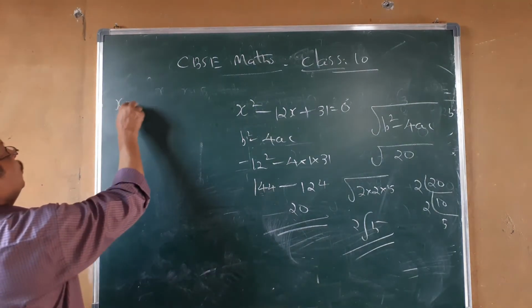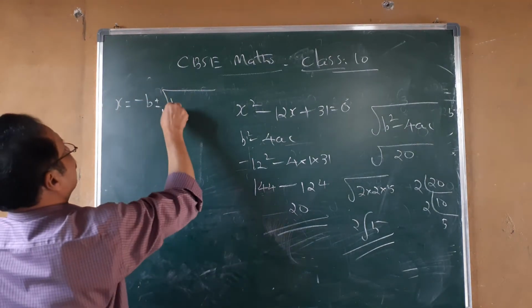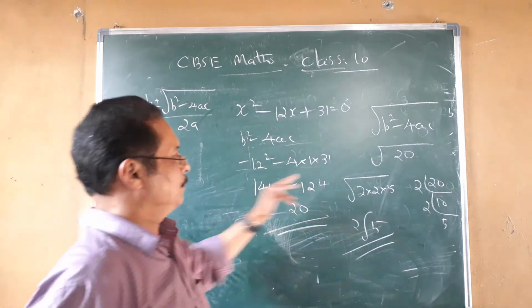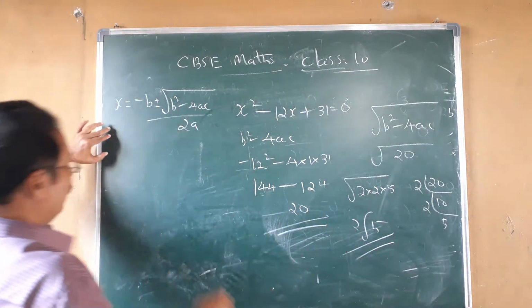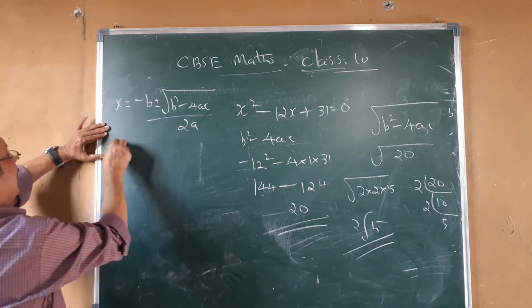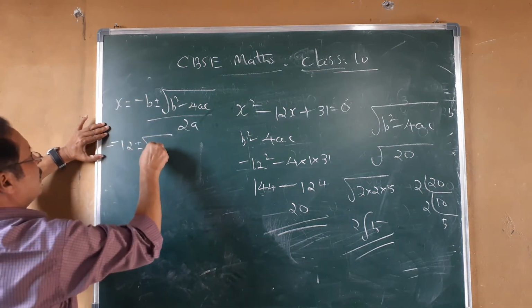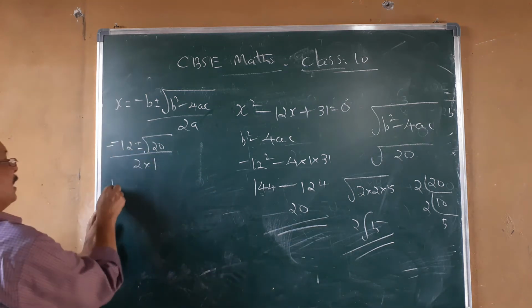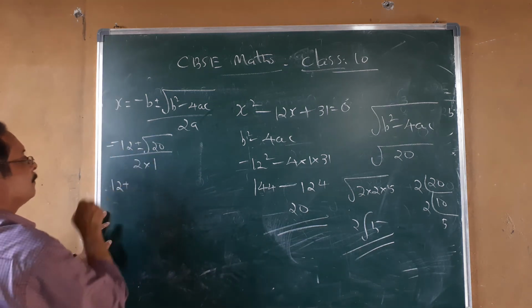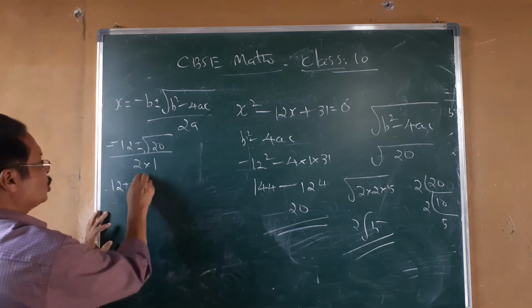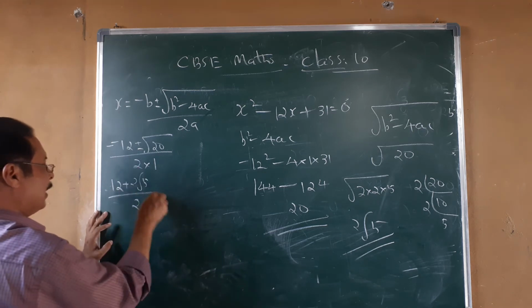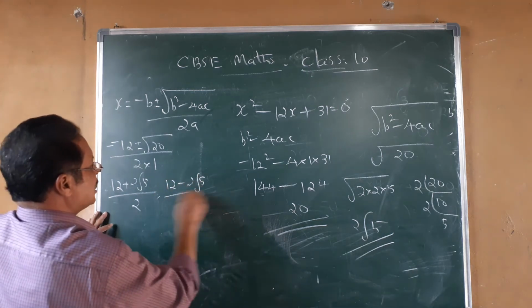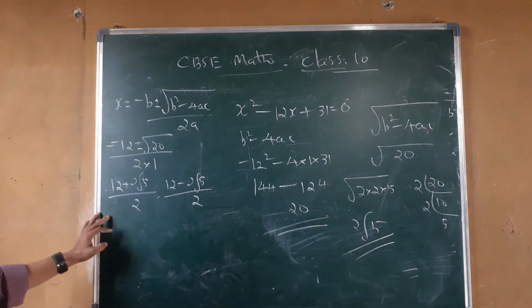The formula is minus b plus or minus root of b square minus 4ac by 2a. Minus b means 12 plus or minus root 20 by 2 into 1. So 12 plus 2 root 5 divided by 2 is one answer, and 12 minus 2 root 5 by 2 is another answer.